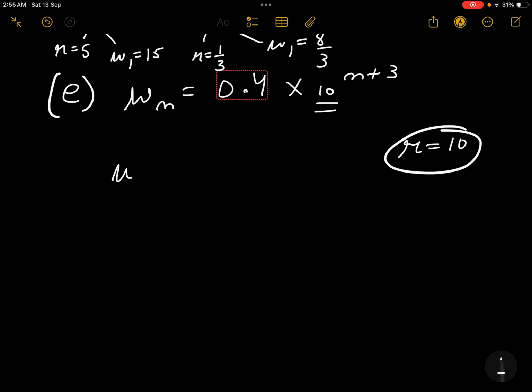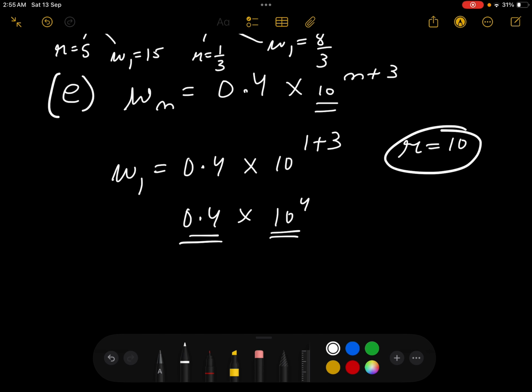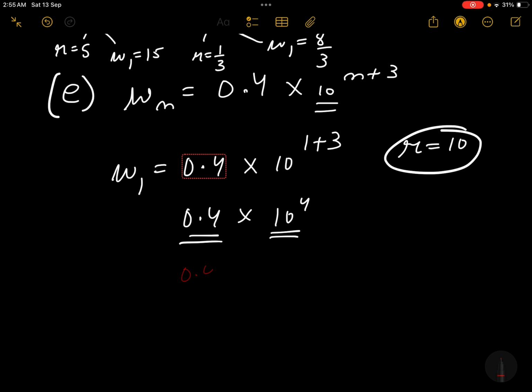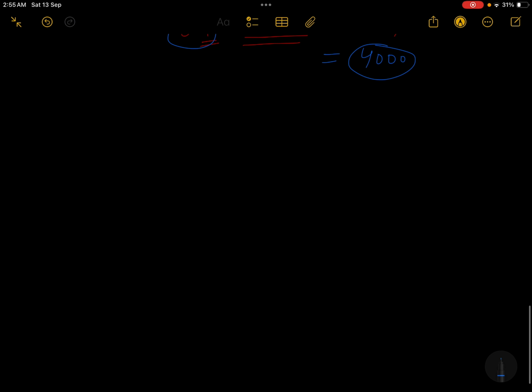Let's solve U1: 0.4 into 10 to the power 1 plus 3, so 0.4 into 10 to the power 4, which is 0.4 into 10,000. 4 into 10,000 is 40,000, and with one digit after the decimal before, we keep one digit here as well, so the answer is 4,000. In this case R was 10 and the first term is 4,000. Then we have part F.